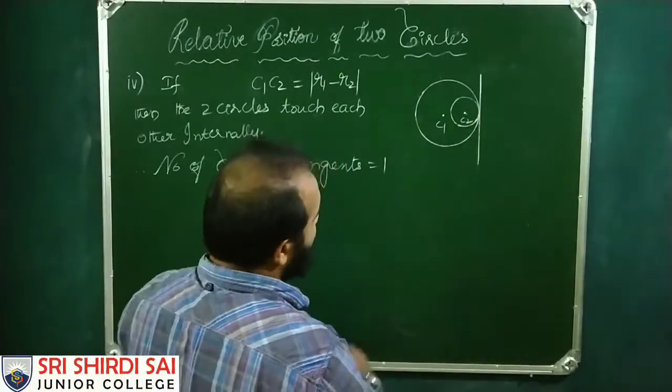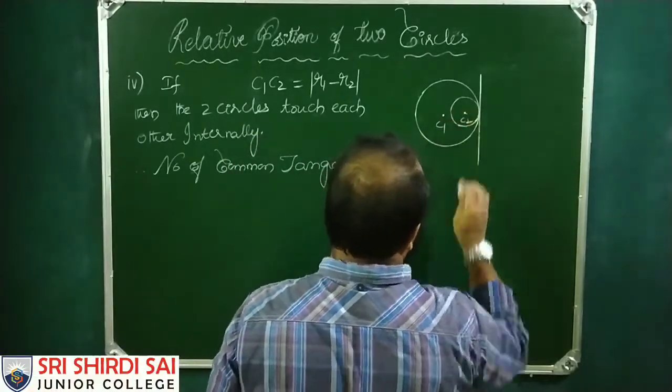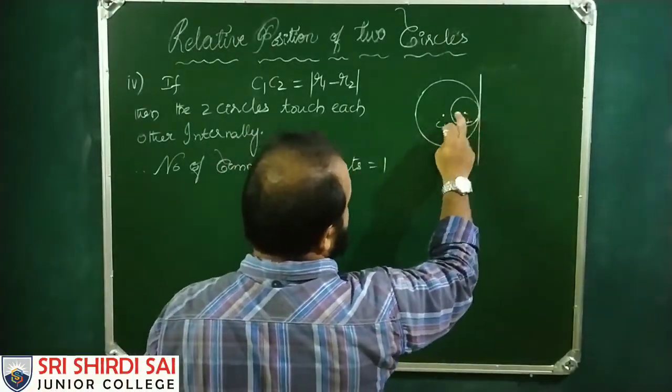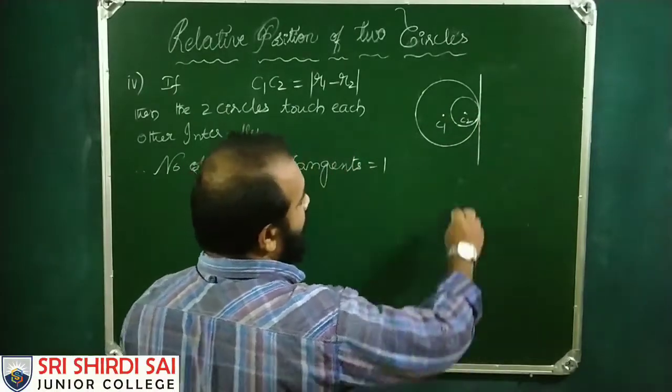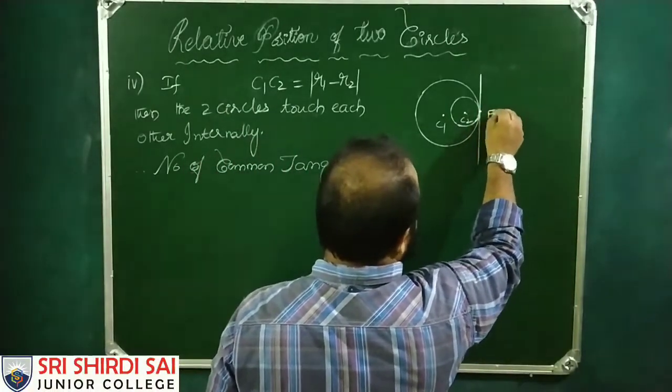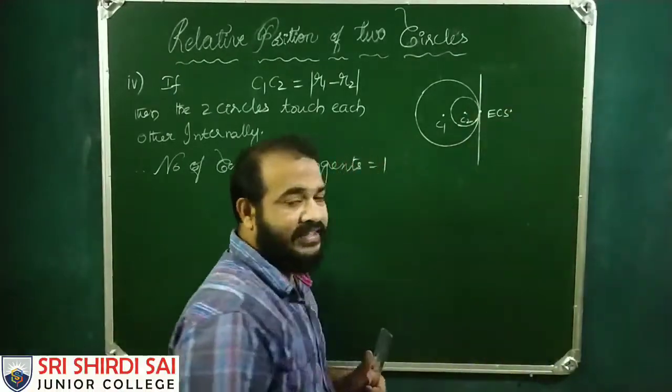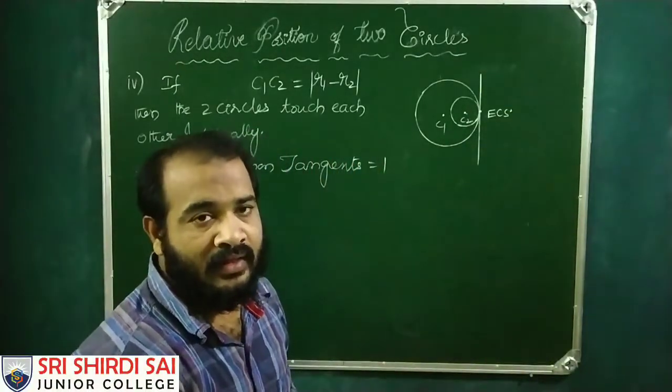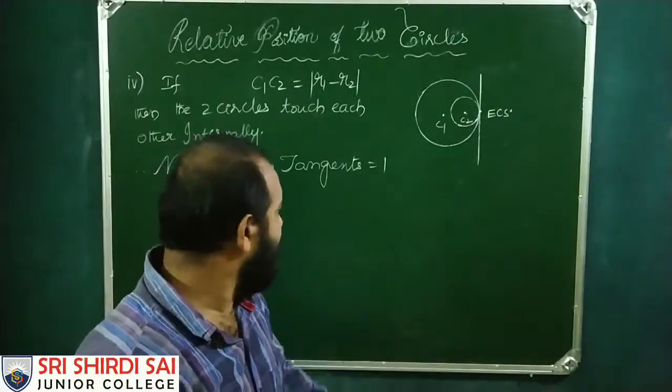So here the line joining C1 C2, this point is called the external center of similitude. Whenever an external center of similitude comes, there is a possibility of a direct common tangent there.